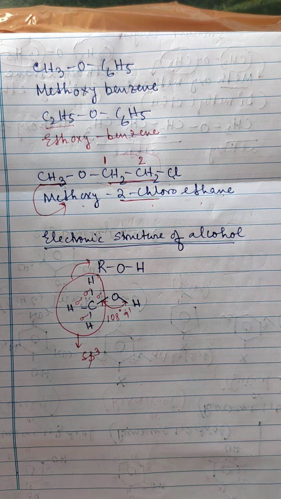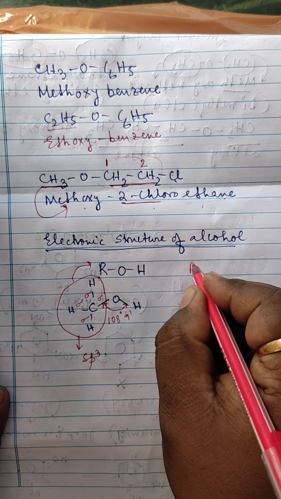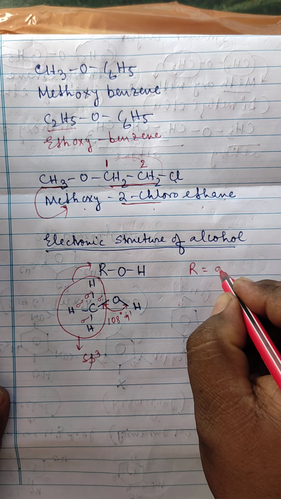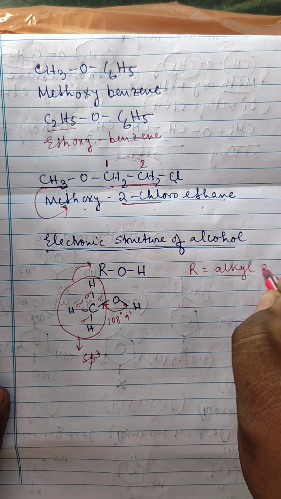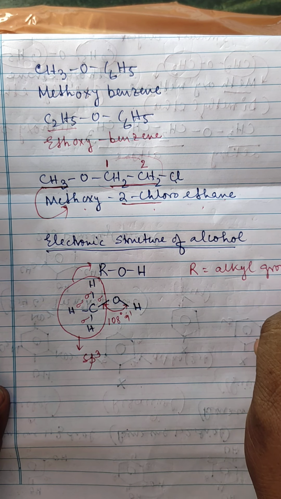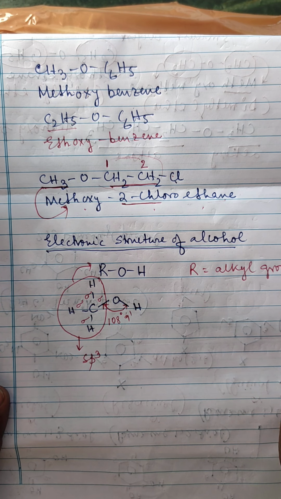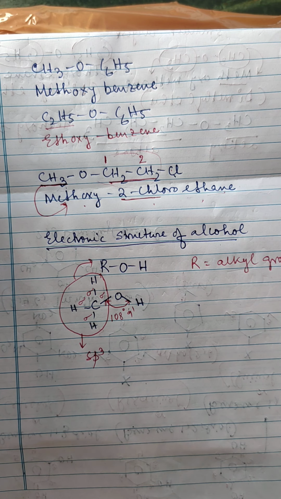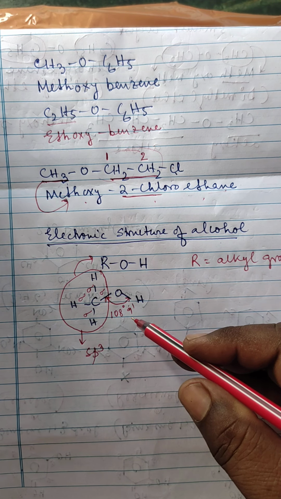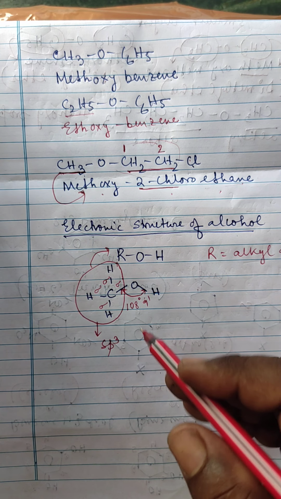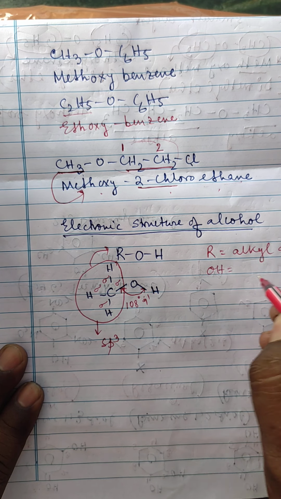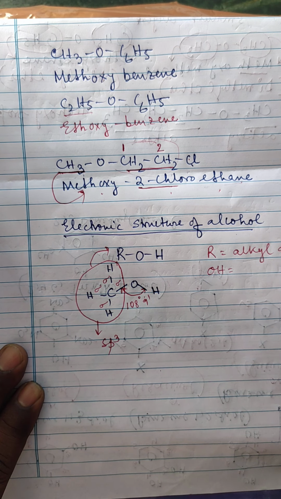So just remember, all alkyl groups have a hybridization of sp3, and the OH over here also has a hybridization of sp3.